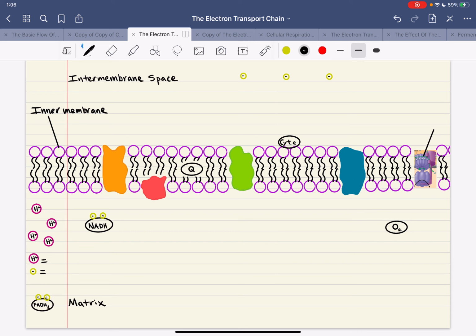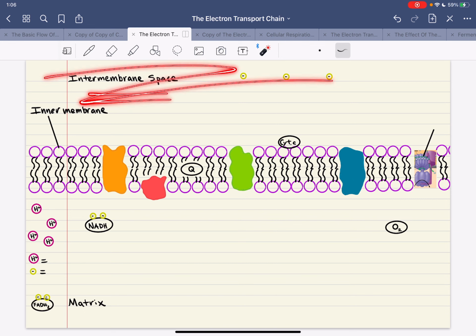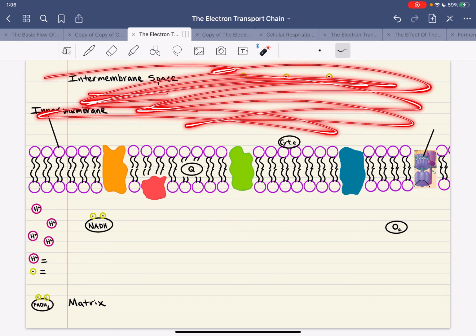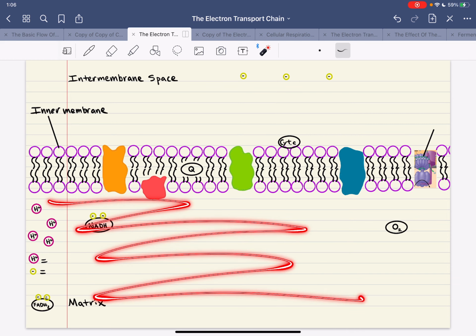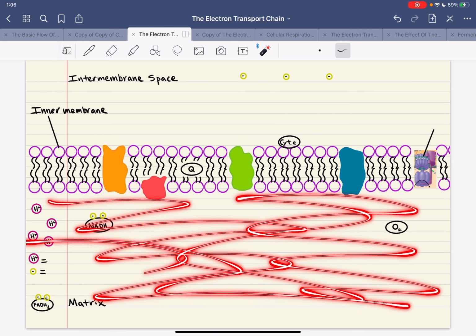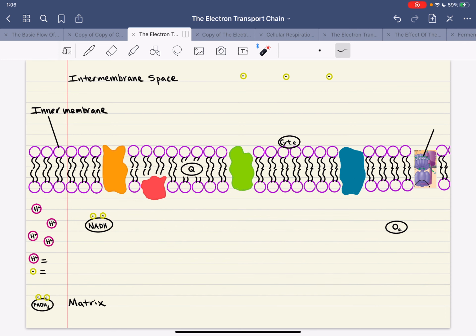And then outside of the inner membrane is the intermembrane space up here, which I already have labeled. So that's this whole region, is the intermembrane space. Inside the inner membrane is the innermost compartment of the mitochondria, and that is called the matrix. And that is represented by this space. So that's where we're at.